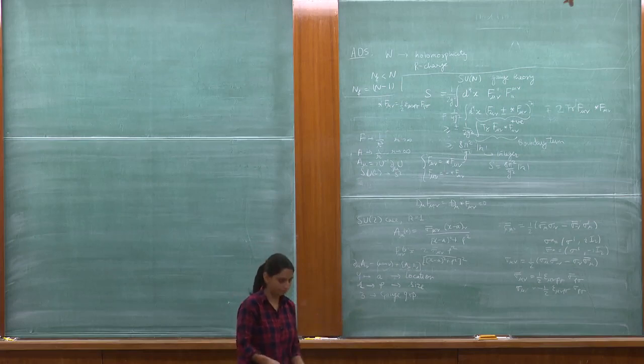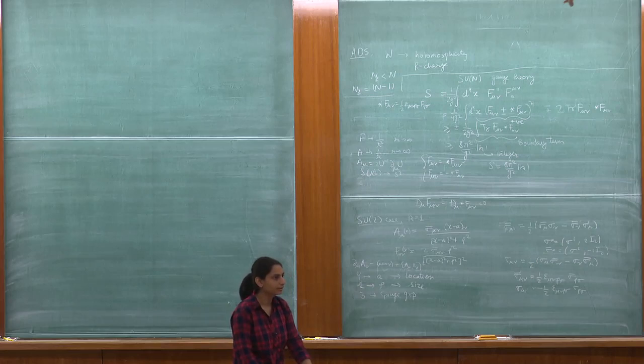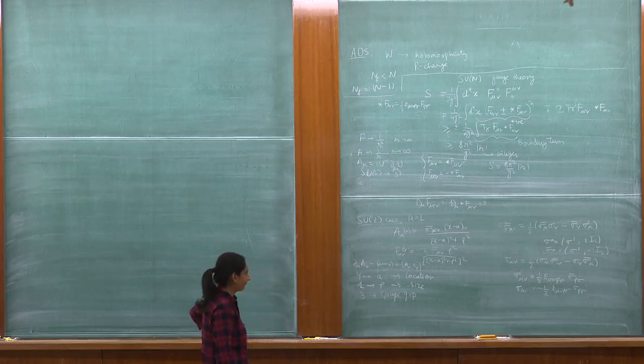Notice something interesting. First let's look at the logical structure. Sigma there is a 2 cross 2 matrix, because SU2 gauge fields are 2 cross 2 matrices. If you want the 1, 2, 3 components of the gauge field, you take the coefficient of sigma 1, sigma 2, sigma 3.